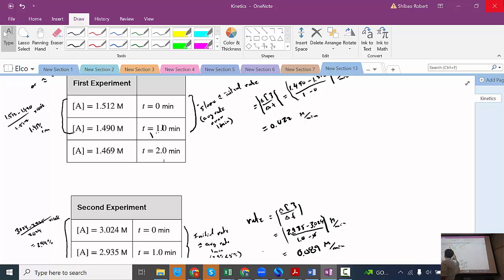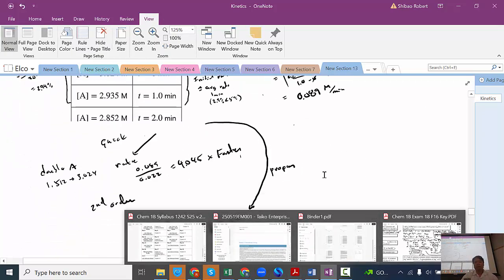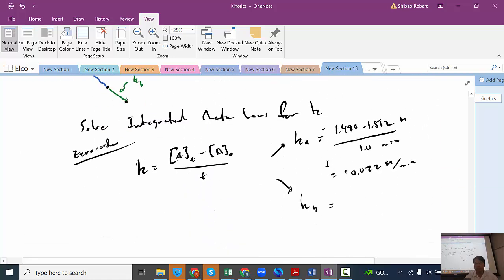The time interval here will be 2 minus 1, which is 1 minute for segment 2. This will be molar per minute.